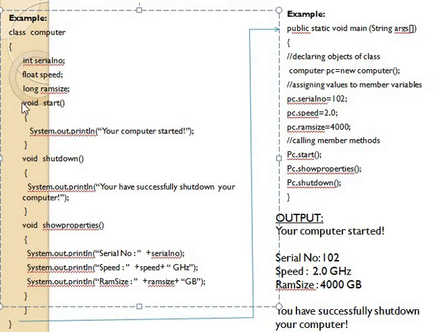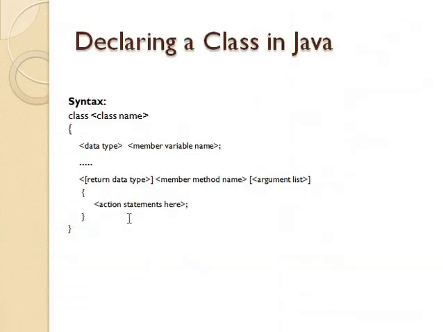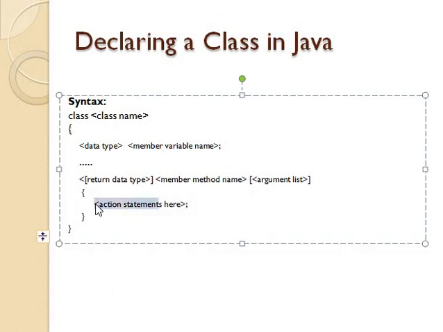Now this method has a body. This is the starting and this is the closing of the body. Inside the member method there can be a list of action statements.